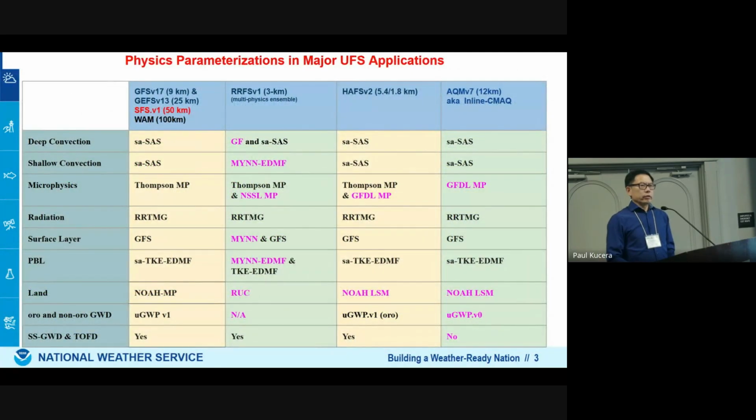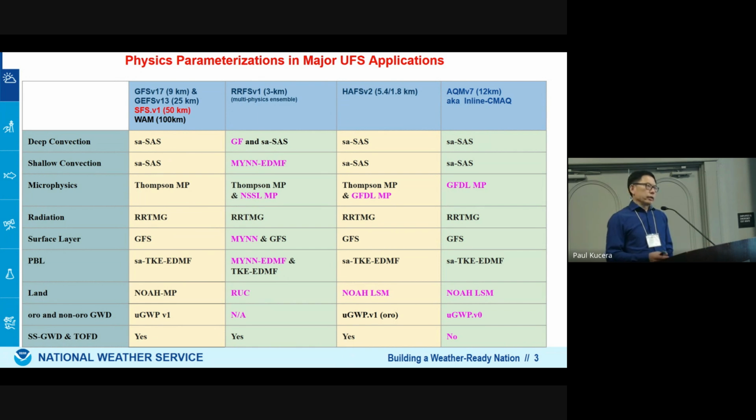This is the overview of the physics suites used in current major UFS applications. You can see in the second column, for the global model, we have achieved the goal to unify all the physics parameterizations. The third column is HAFS version 2, HAFS-A and B, which are diversified in the microphysics.